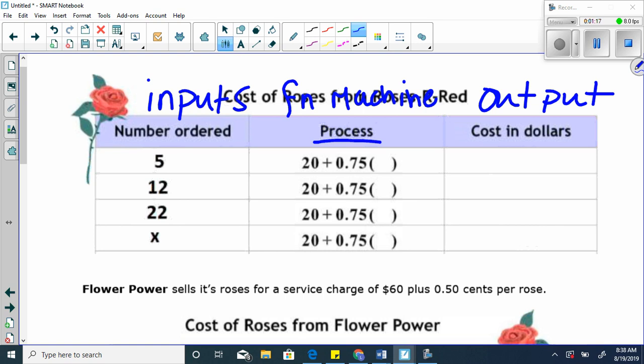Okay, it should make logical sense too, right? If you are ordering roses, the amount it's going to cost is dependent on how many roses you order. So how I'd like you to show your work on this is you're going to take that numbered order and plug it in.